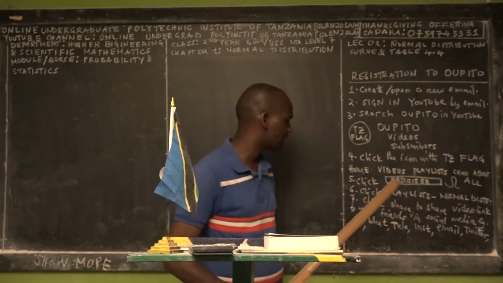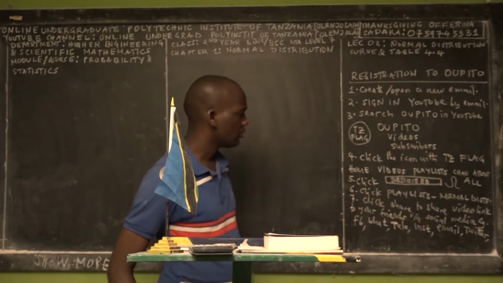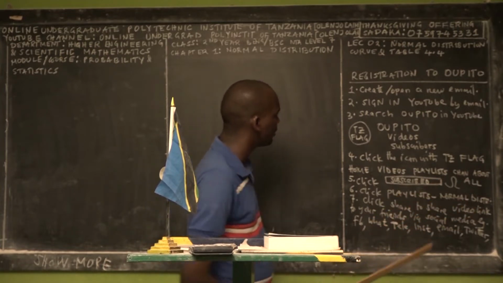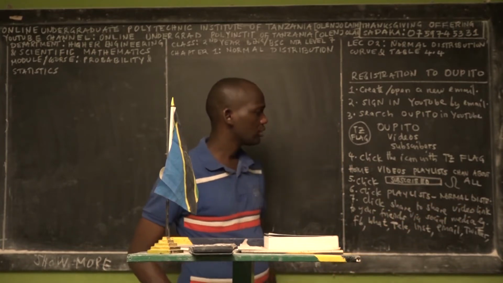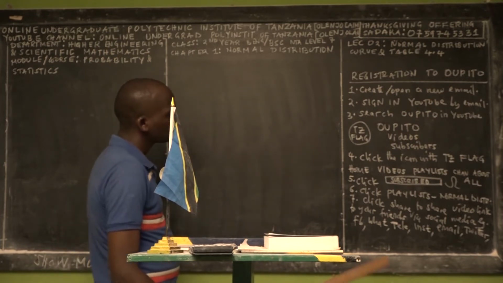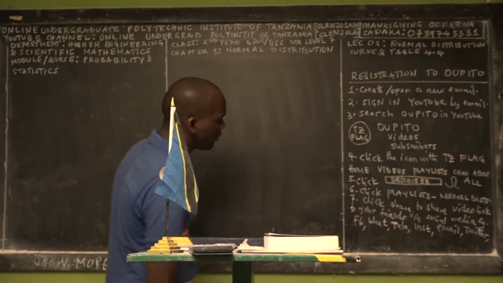So for instance, if you go to the playlist and you have to find out normal distribution, that is one of the examples of the playlist that you have created.